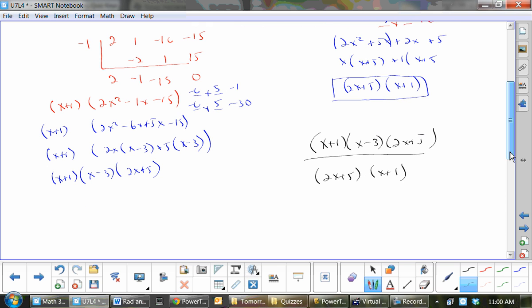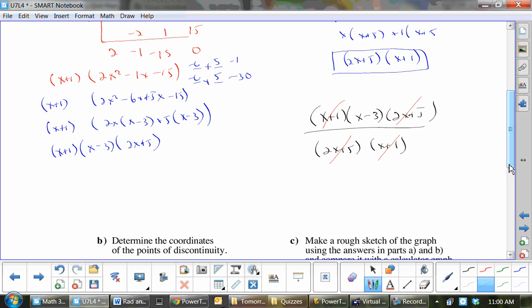So what you do is you do some canceling. There and there, there and there. So my final answer is, so this was f of x equals x minus 3, and x cannot equal, what cannot x equal? Negative 5 over 2 and negative 1.